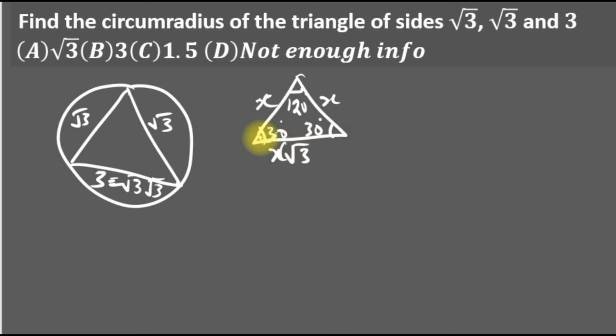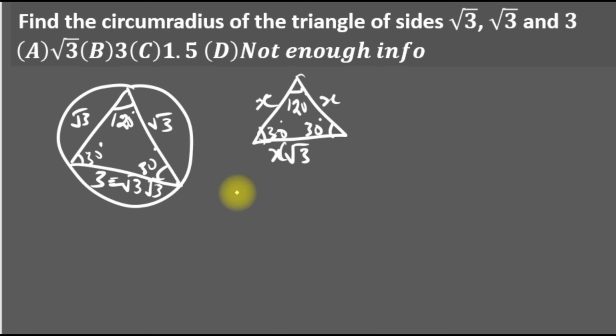The ones facing the 30 degrees are each x, and the one facing 120 is x root 3. So without wasting time, this is root 3, this is root 3, so x is root 3, so this should be 120, this is 30, this is also 30.